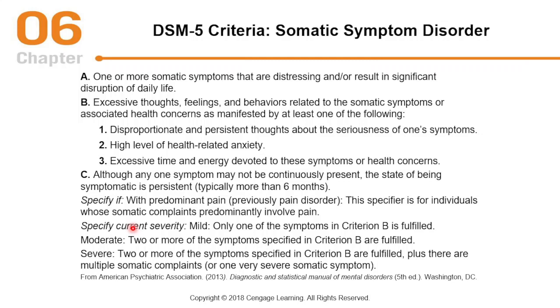So, yun ang pwede mong ilagay. And then, the current severity: mild, if one of the symptoms in criterion B is fulfilled. Moderate, if 2 of the symptoms in criterion B are fulfilled. Or severe, if 2 or more of the symptoms in criterion B are fulfilled.